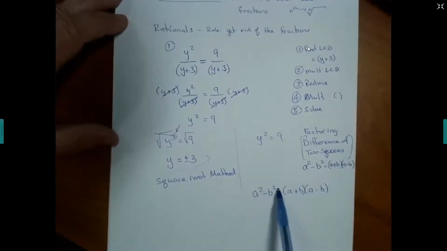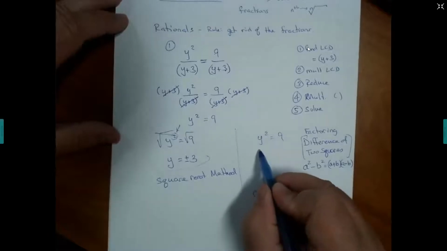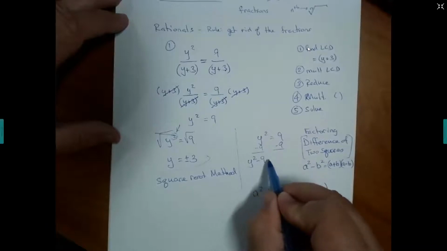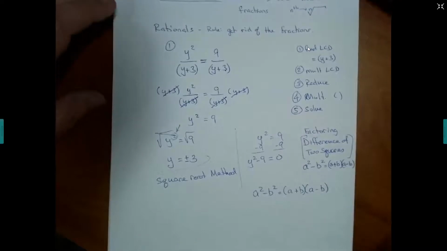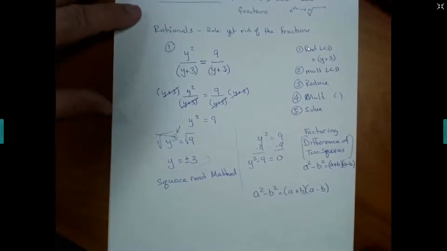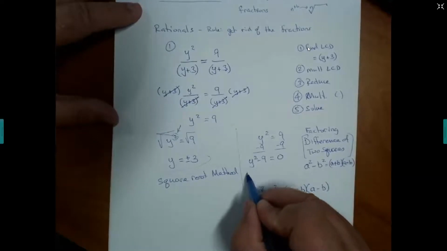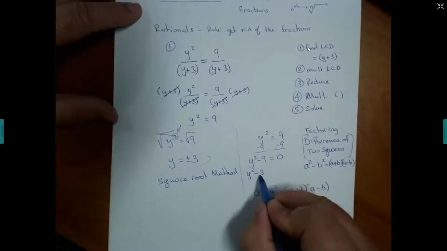This works only for quadratics. So since this is a quadratic, what we should do is set it equal to 0. It has to be equal to 0 first before we do this. So we have y squared, that's a squared term. What's 9 made up of? It's 3 squared.